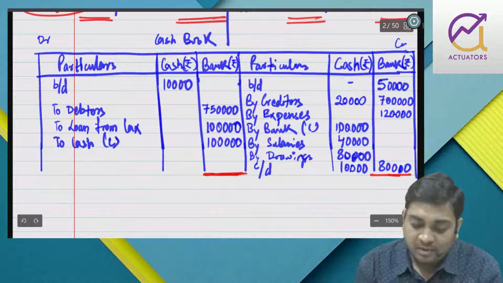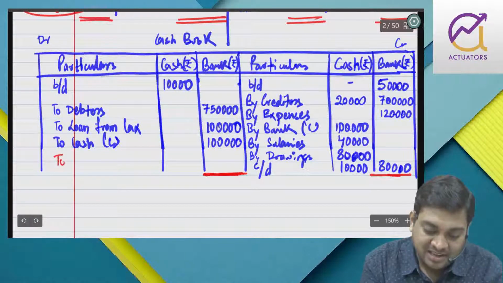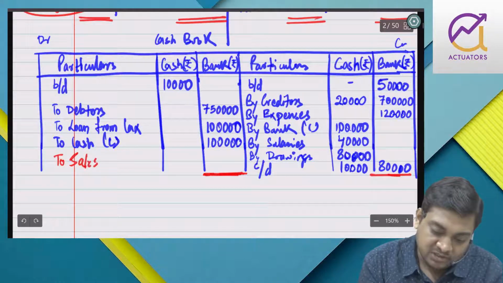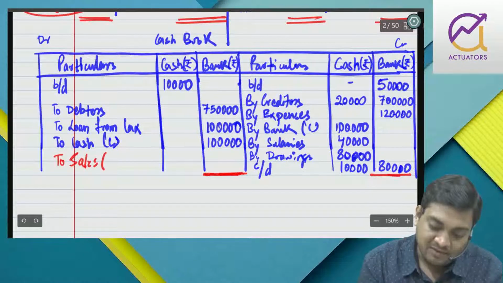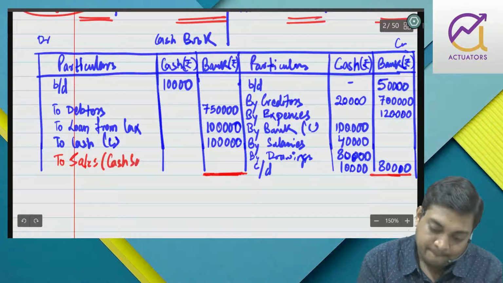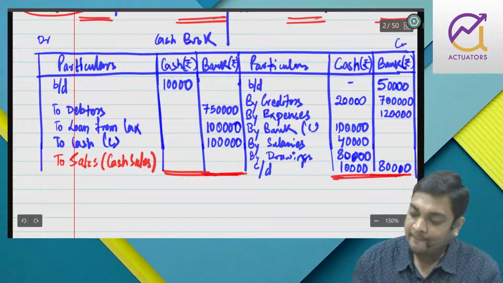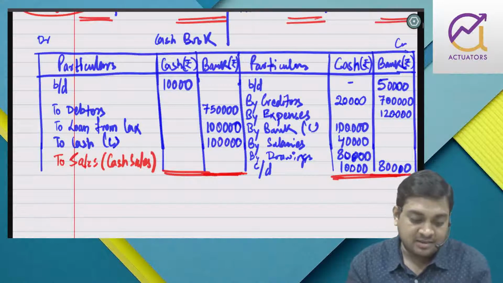Now what was the objective of preparing the cash account? To check whether there is any balancing figure or not, and if there is, that will be taken as to sales. I will write cash sales. Just check the balancing figure.